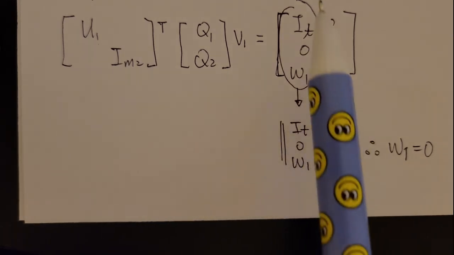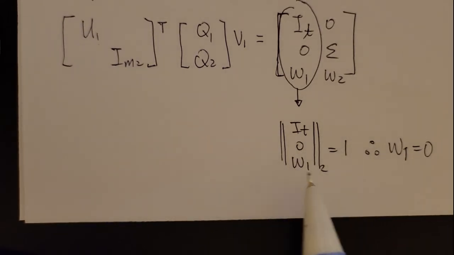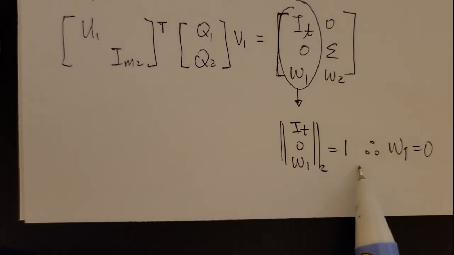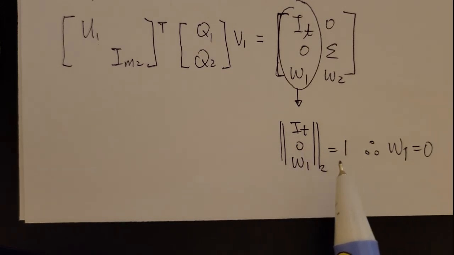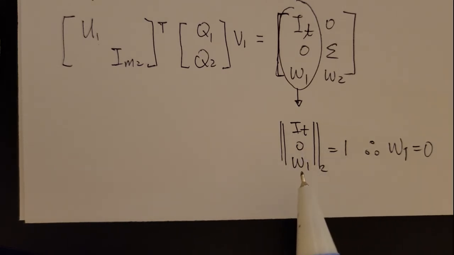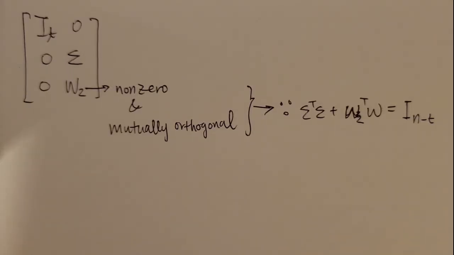So this part of the matrix has to be 1. Then that makes sense, since the 2 norm of the identity matrix is always 1, so that makes the W1 matrix 0.